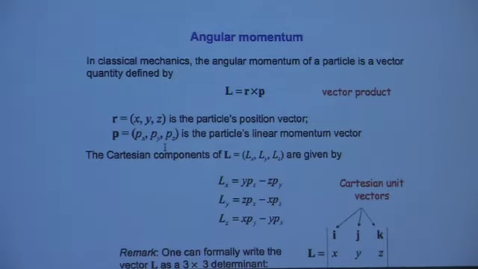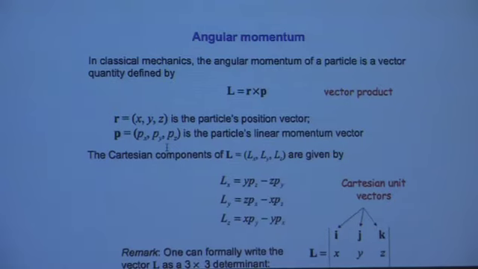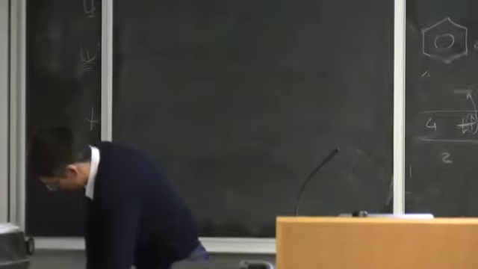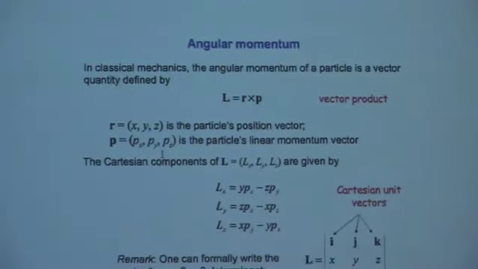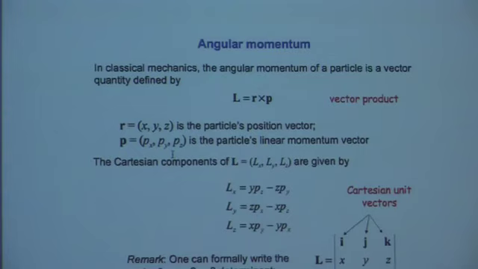Now, angular momentum, this L, is the cross product of R and P, where R is a position and P is the momentum, right?